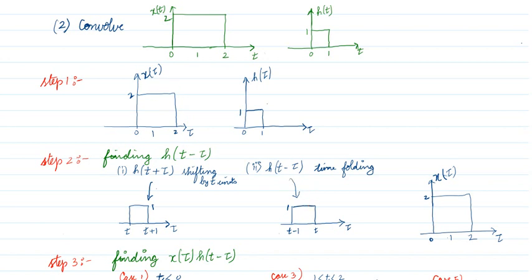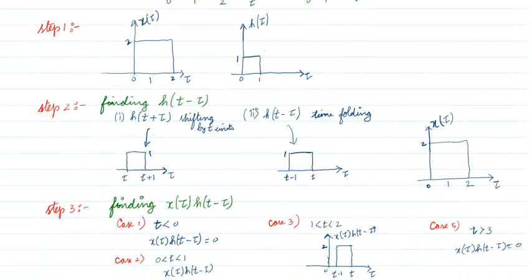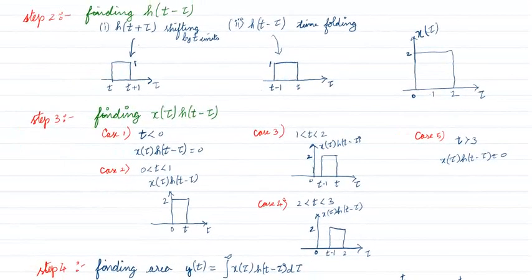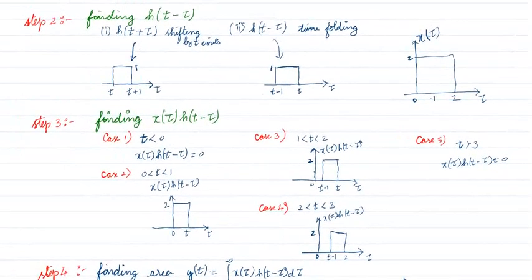For our convenience, I have written them separately here. This is your x of tau, this is your h of t minus tau. For multiplication, x of tau is between 0 to 2, but here you are going to vary the values of t. We know the time varies from minus infinity to plus infinity, but for a particular time only, this part will overlap with this.